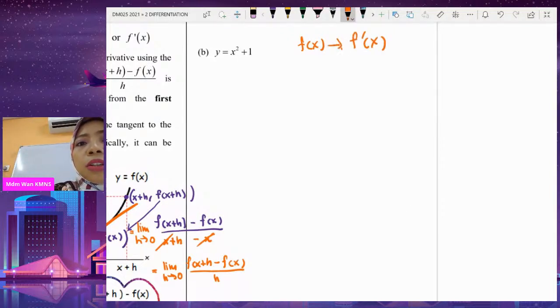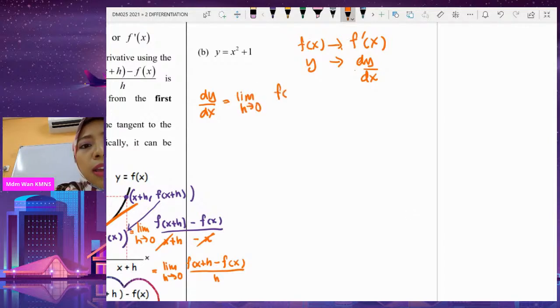If the question wants y, you write dy over dx. Can? So dy over dx is equal to limit h approaching 0, f(x plus h) minus f(x) over h.